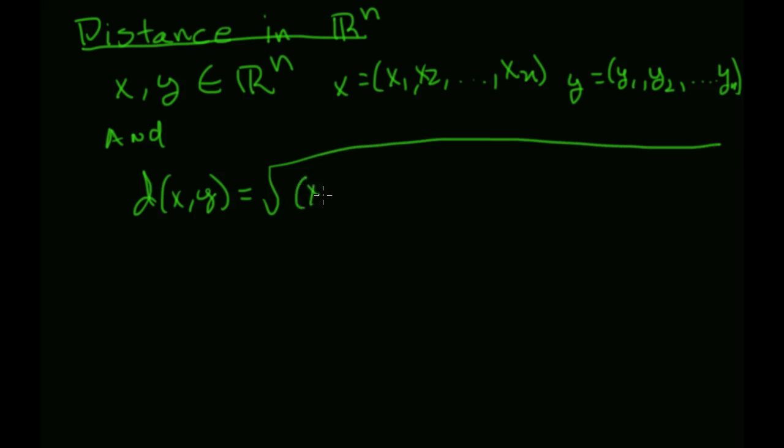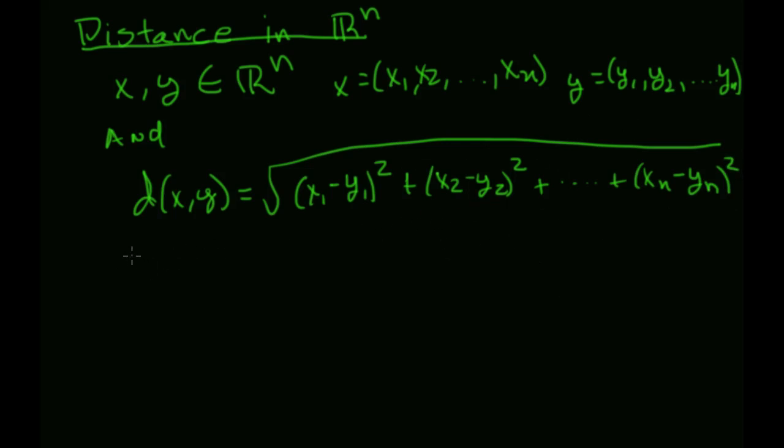So it takes component by component and it subtracts them. So it's x1 minus y1 squared, x2 minus y2 squared, and then we go all the way out to xn minus yn squared, right? This is going to give us some scalar.